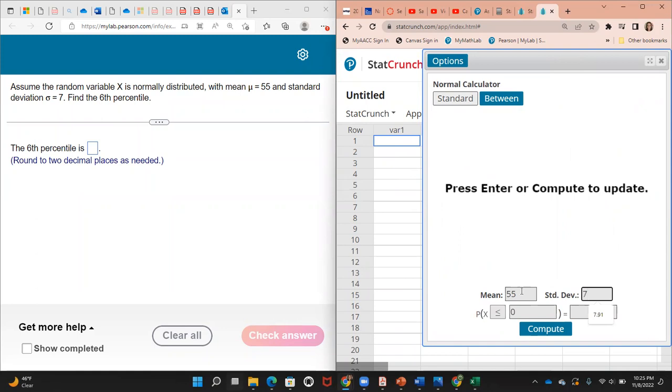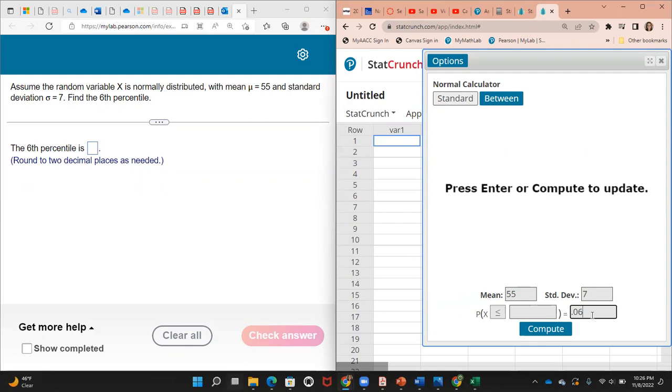So we put the mean as 55, the standard deviation is 7, and then coming down to the next line in StatCrunch, we have an option to change less than or greater than. We have an option to put in what we want for our data value, and we also have an option to put in for what the area is. So for the percentile problems, again, they're giving us the area under the curve to the left.